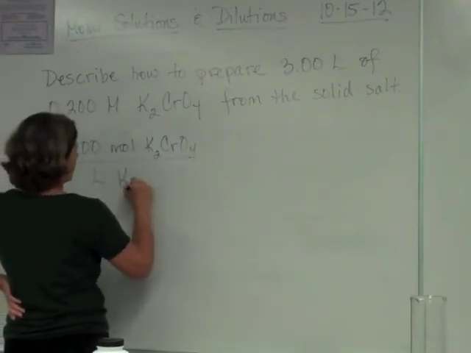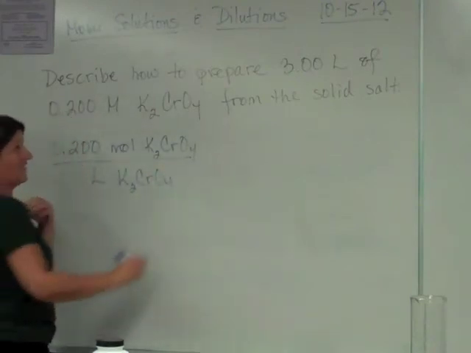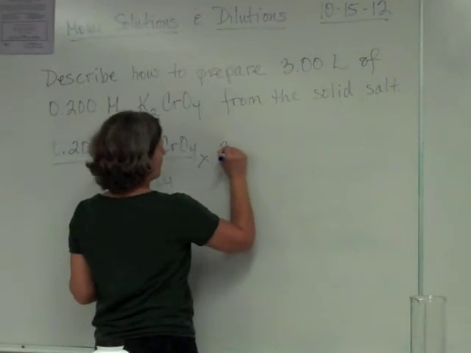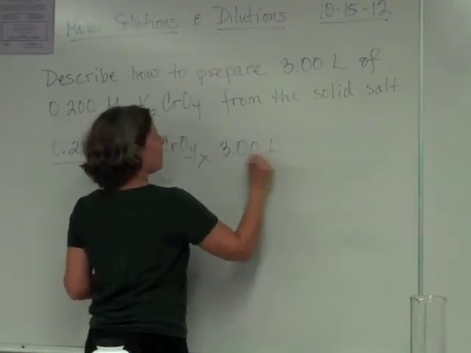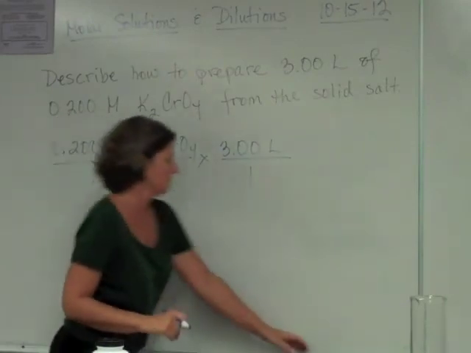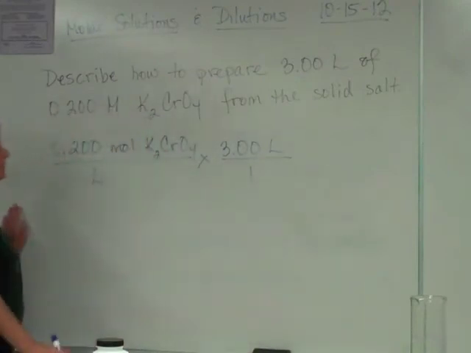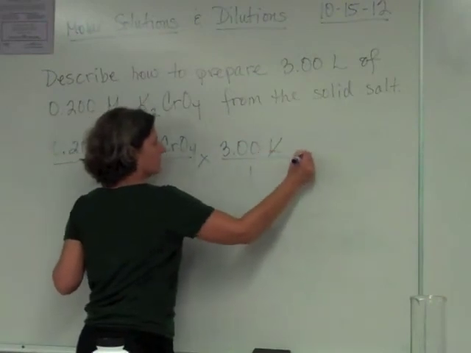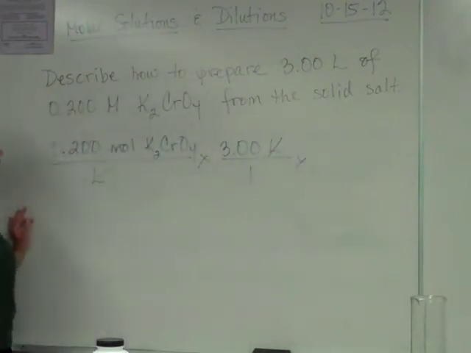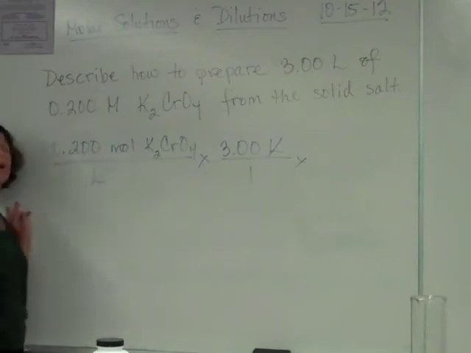This is what we're going to make, and we're going to make 3.00 liters of it. Multiply these two things together, and that tells me how many moles of K2CrO4 I need. But I'm not going to count out moles.